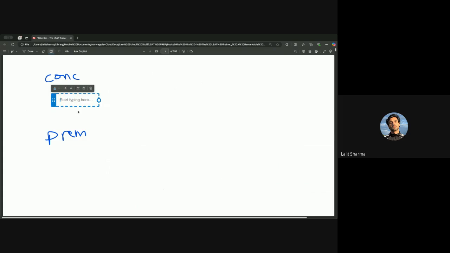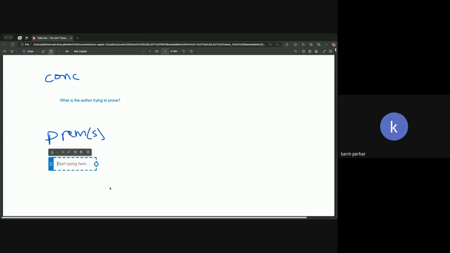I like to define conclusion as what is the author trying to prove, and the premises, there could be multiple of them, I say the reasons why the author thinks I should believe them.